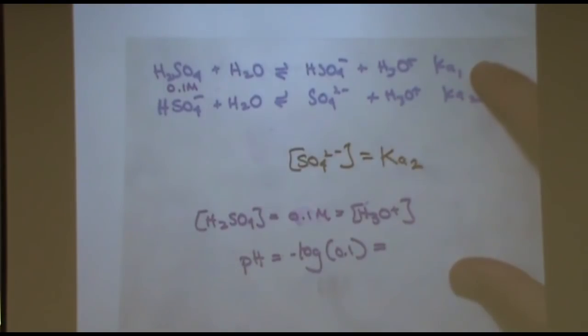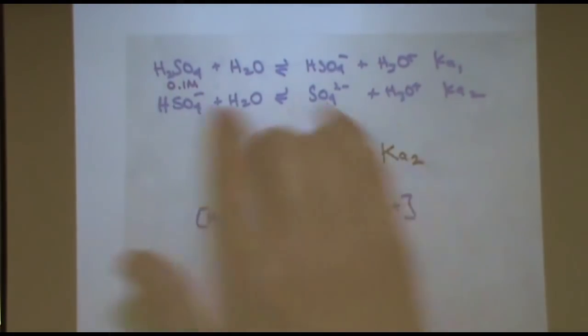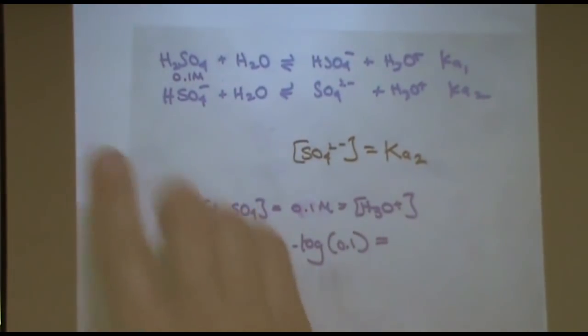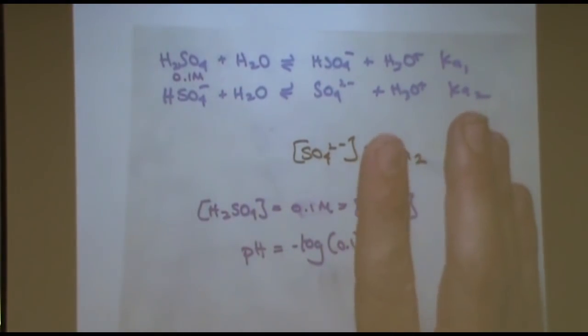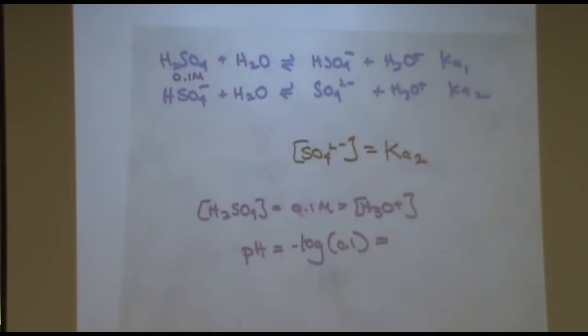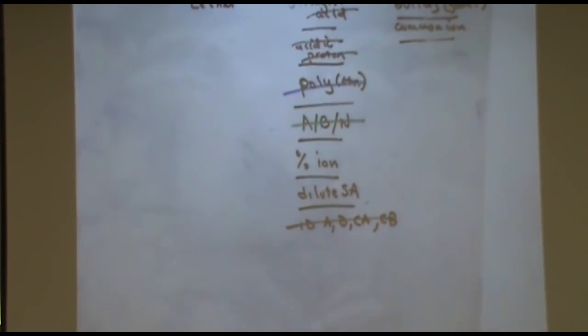Ice table for which reaction? First or second? First. You write it. So erase this, just write the ICE table for this and solve it as normal, assuming x is small. We did that in our class for phosphoric acid, if you want to see the notes. All right, let's go on to percent ionization.